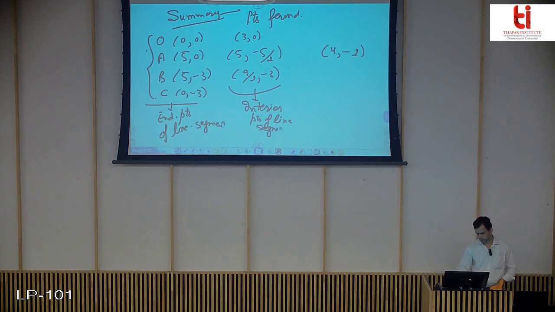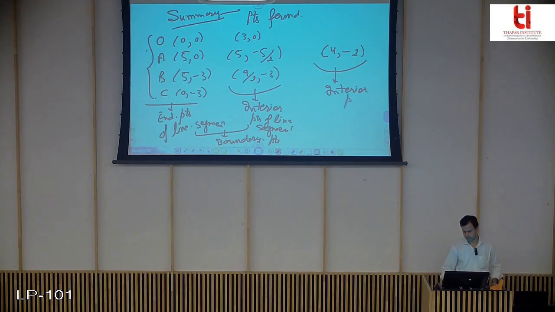No doubt, both of these comprise your boundary points. In a broad sense, whether they are interior or endpoint, they are boundary points. And this is the only interior point of the region R that we have found, where we can have the possibility of absolute maxima or minima.